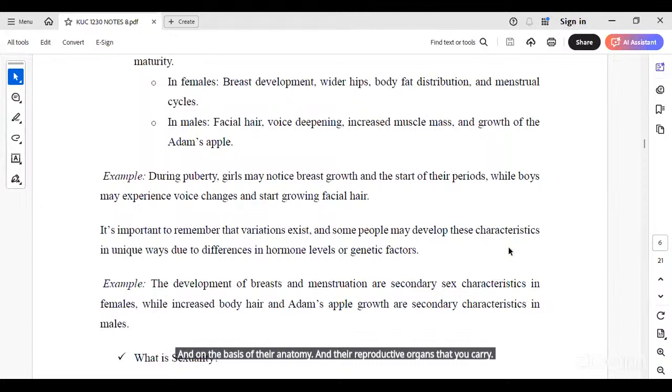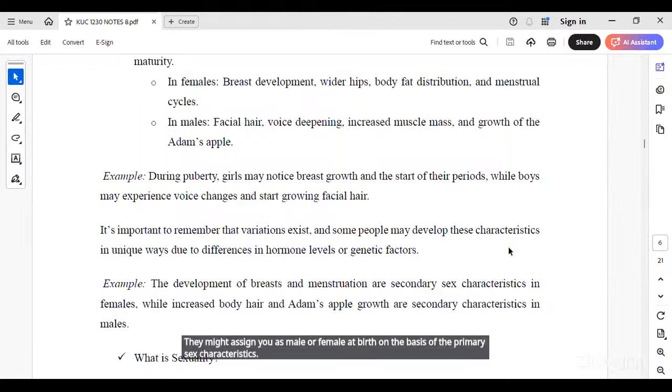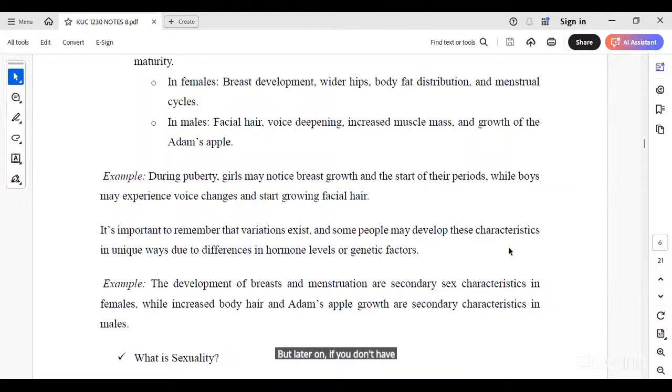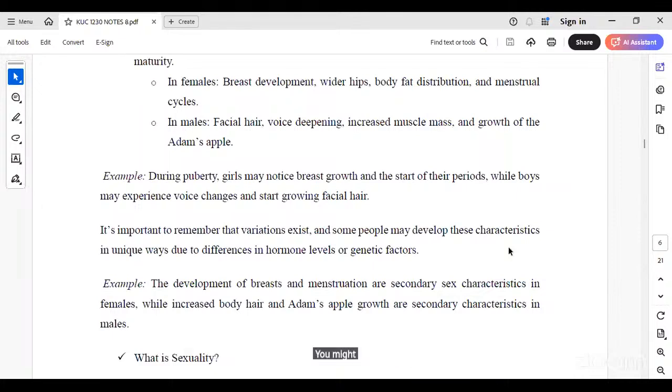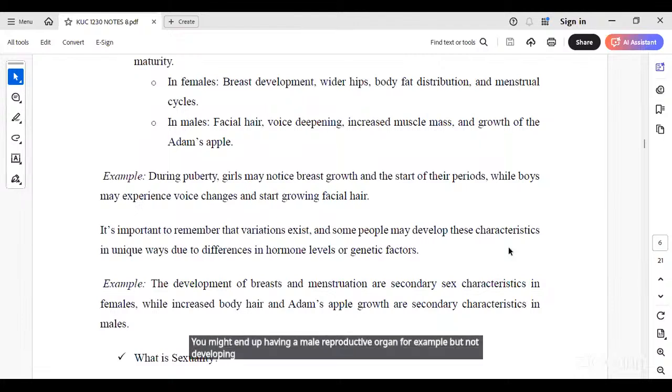They might assign you as male or female at birth on the basis of the primary sex characteristics. But later on, if you don't have enough of the hormones, which will lead to the development of certain secondary sex characteristics, you might end up having a male reproductive organ, for example, but not developing secondary sex characteristics that are associated with being a male.